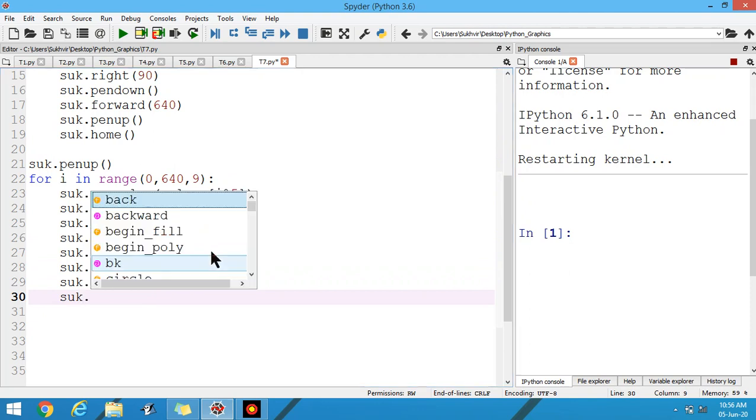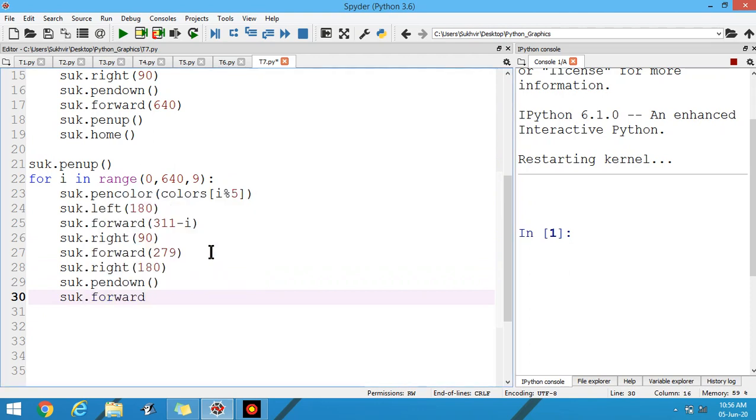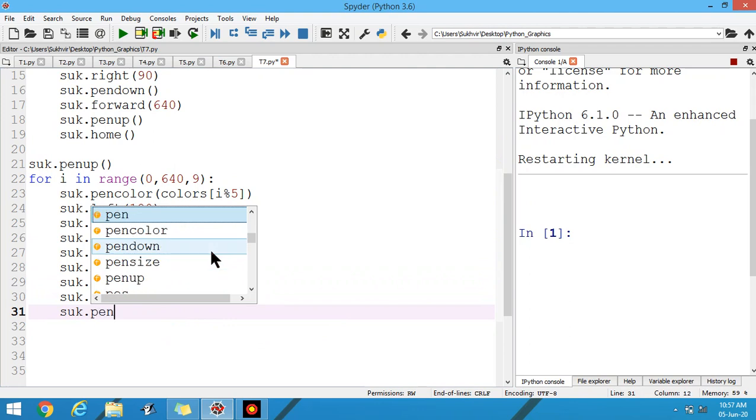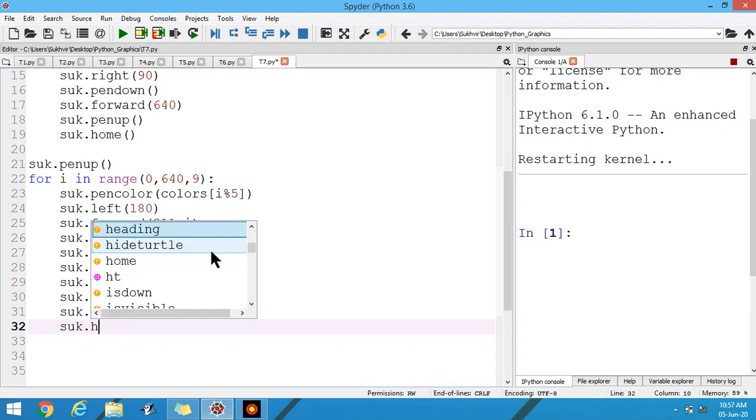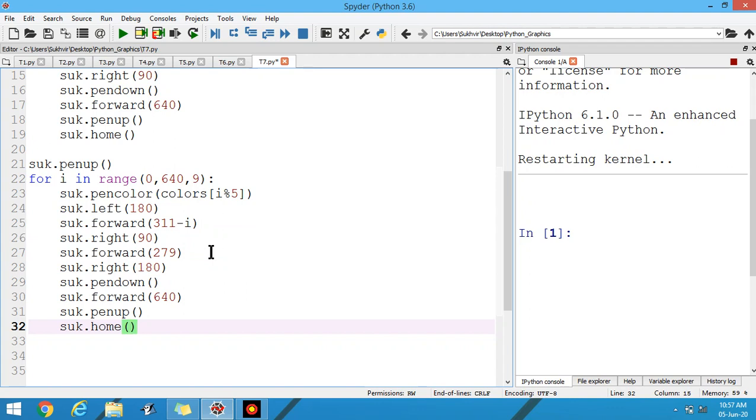And suk dot forward, now the maximum gap is required here, that is 640. suk dot pen up, then suk dot home, because each time the cursor should be at the starting position.